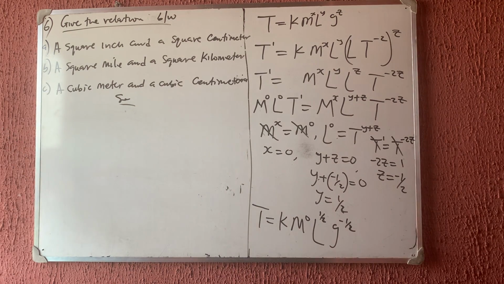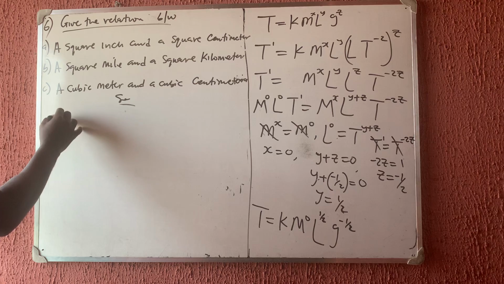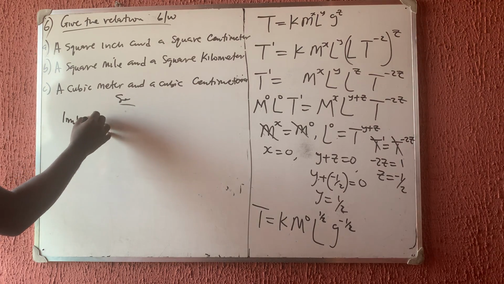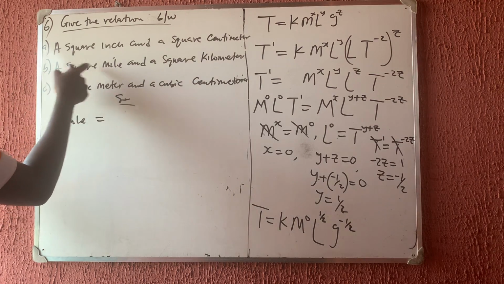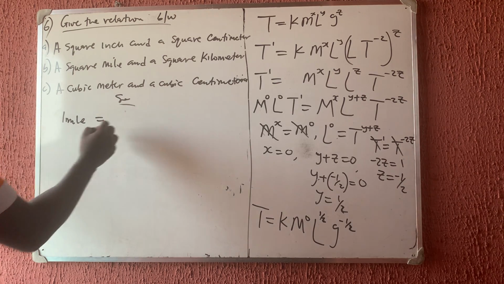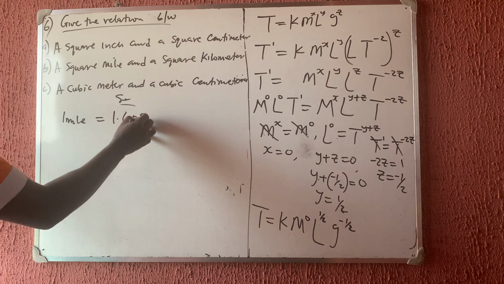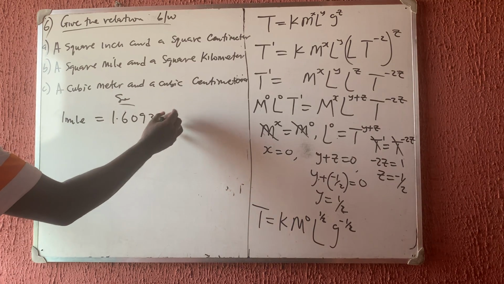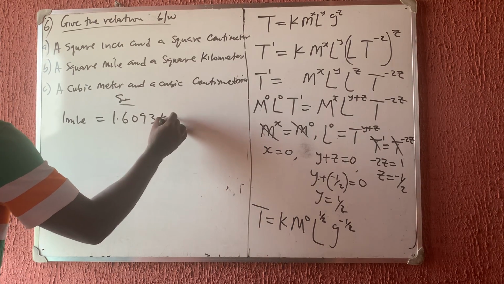Just once you know the relationship between them, you are good to go. So first of all, you need to know that 1 mile, because they say a square mile. So that's why we are having 1 mile. 1 mile is equal to 1.6093 kilometer.